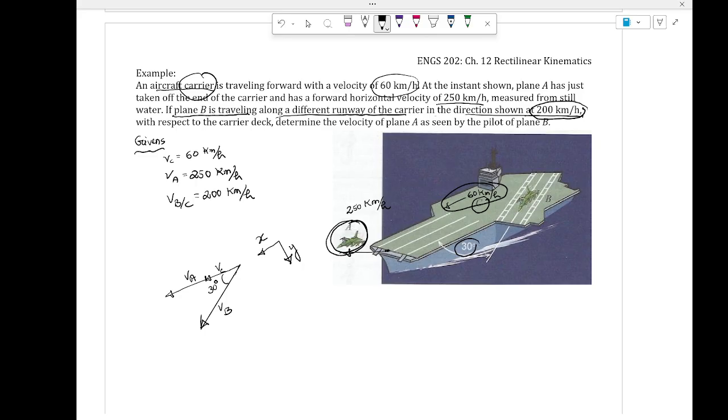So then you want to draw this direction, which would be VBC, the velocity of B with respect to C. Try to visualize. It is a little complex. So in the X direction, the aircraft is moving this way.